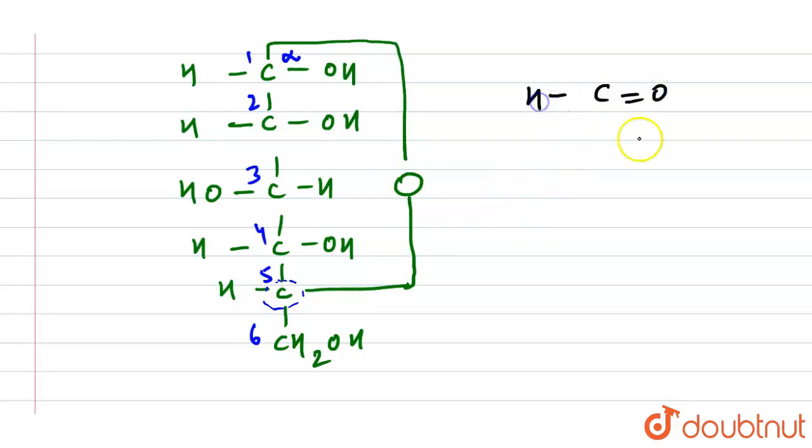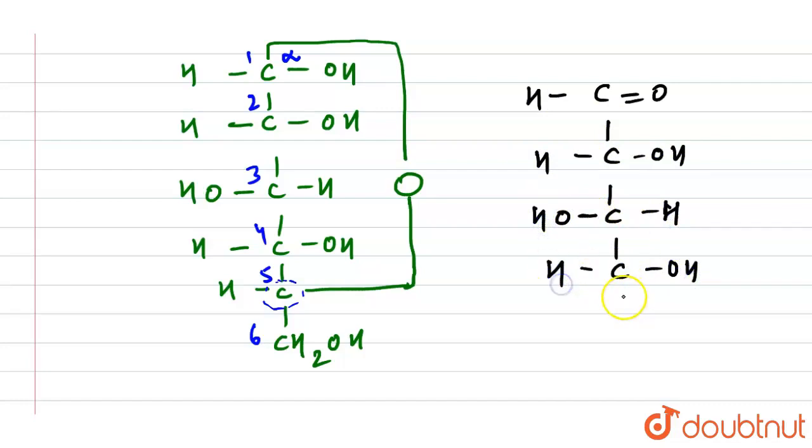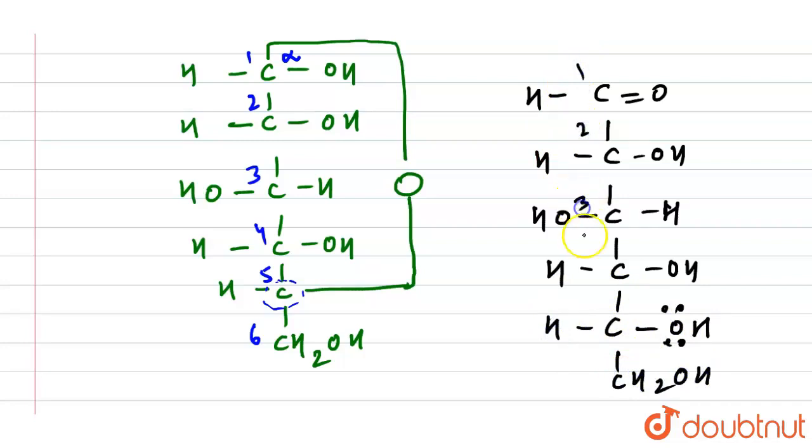Here we have OH, here we have H, here we have OH, H, OH, here we have H, here we have CH2OH. So here we have 1, 2, 3, 4, 5 and 6.